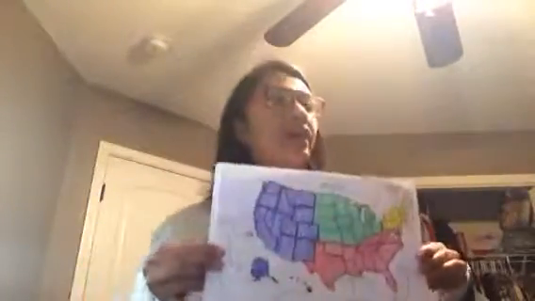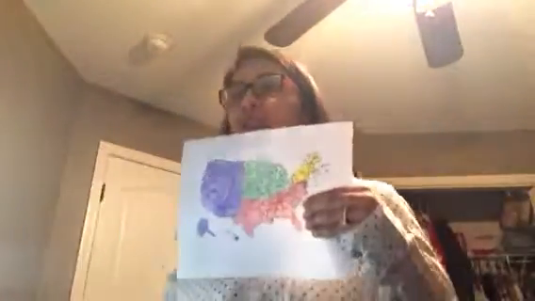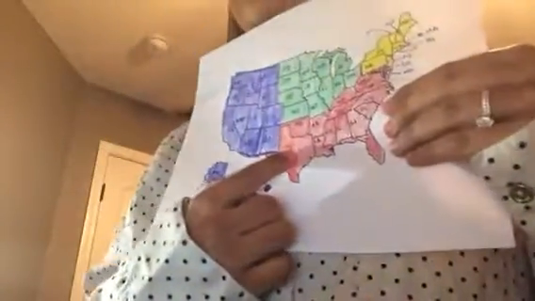So pick out your 4 colors. Okay, guys, good job. So now we're going to work on the southern states up here. So get your finger and let's find them. So we have Texas. Let's color that.